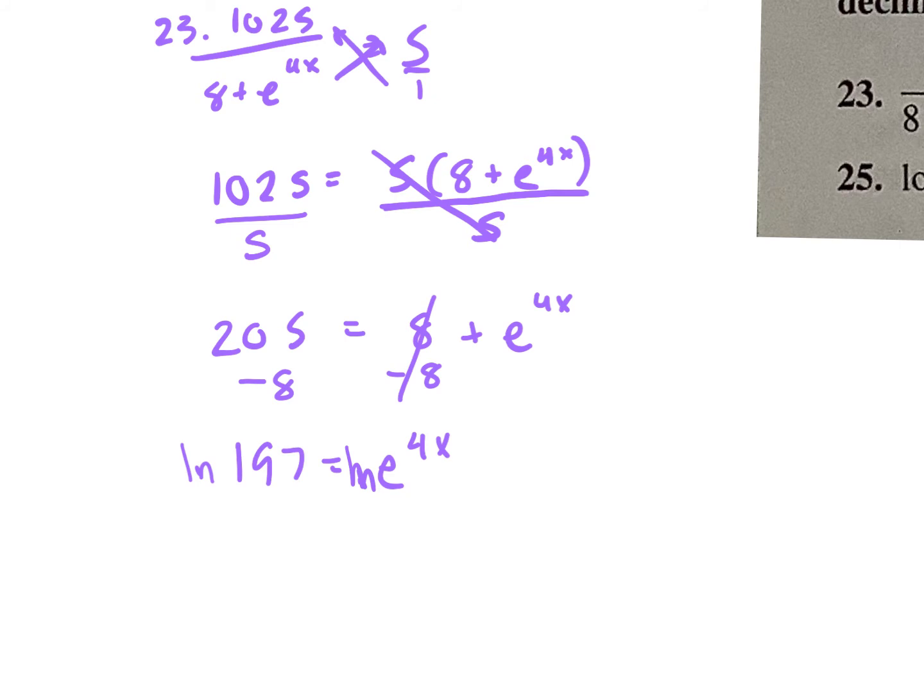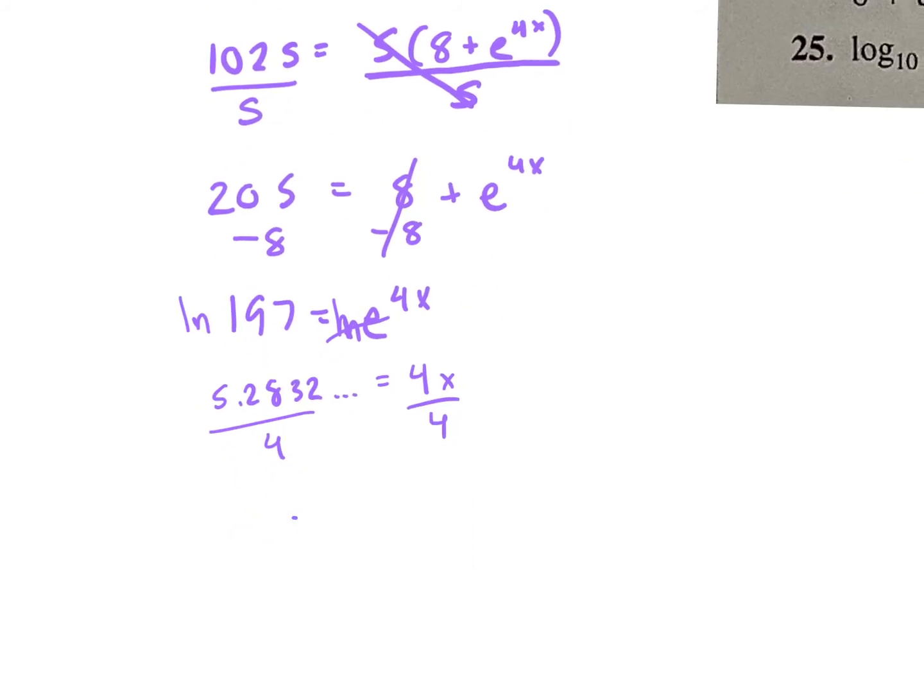So the ln of 197 is 5.2832. Keep it in your calculator to get the most precise answer. The ln of e cancels, so this is 4x is equal to, so divide 4 on both sides, you'll get x is equal to 1.3208, which would round to 1.